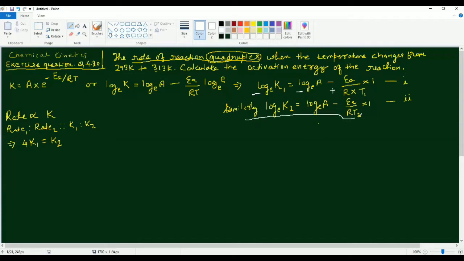And its value will become like this. For simplicity, log e can be written as ln K2 minus ln K1. This and this will be cancelled, will be equal to EA by R T1 minus EA by R T2.